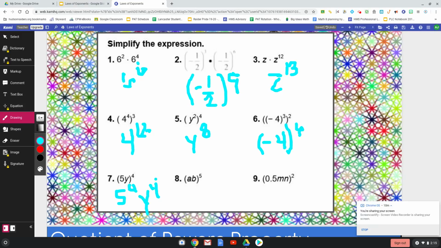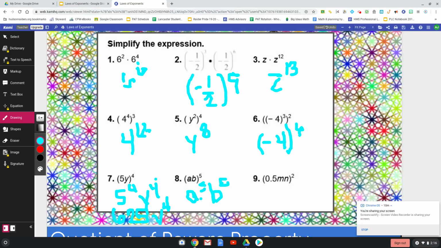So we could simplify this just a little bit more and we could get 625 y to the fourth power. Number 8, we have a times b. Remember, when we don't have a symbol in between there, that means multiplication. So we need to apply that exponent to both of those variables. So the simplified version of this would be a to the fifth power times b to the fifth power.